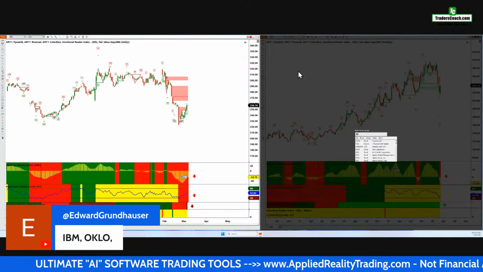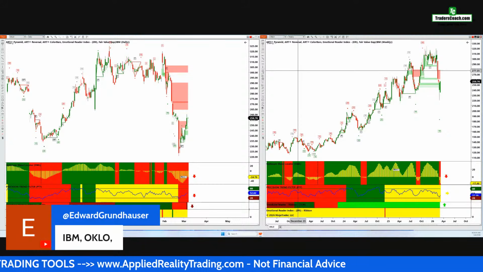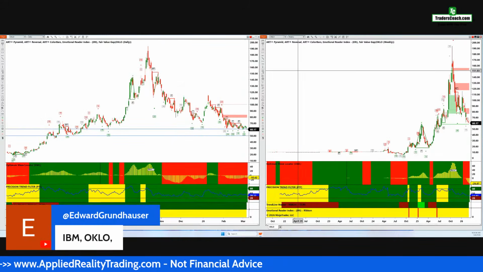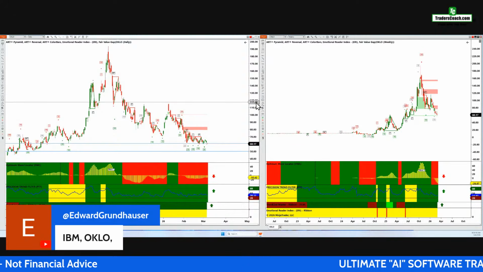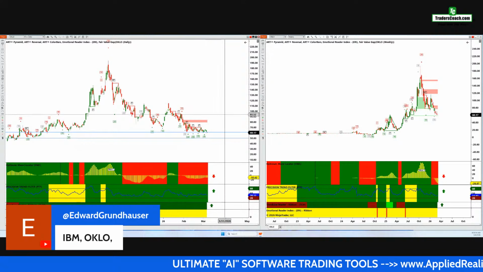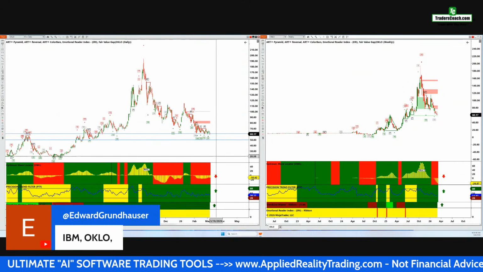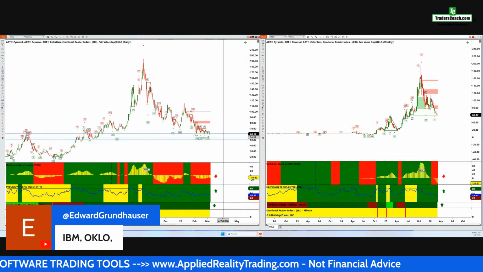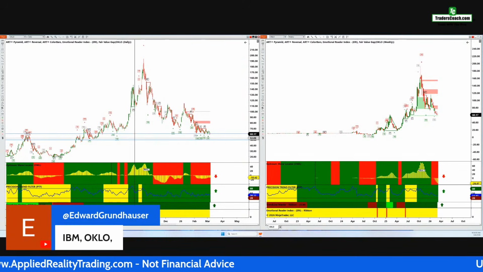Let's take a look at OKLO. All right, still slipping a little to the downside. Still have an active pyramid indicating a bearish trend is in place still. Hasn't broken yet. We're getting into an area where the order blocks were for this big leg up.